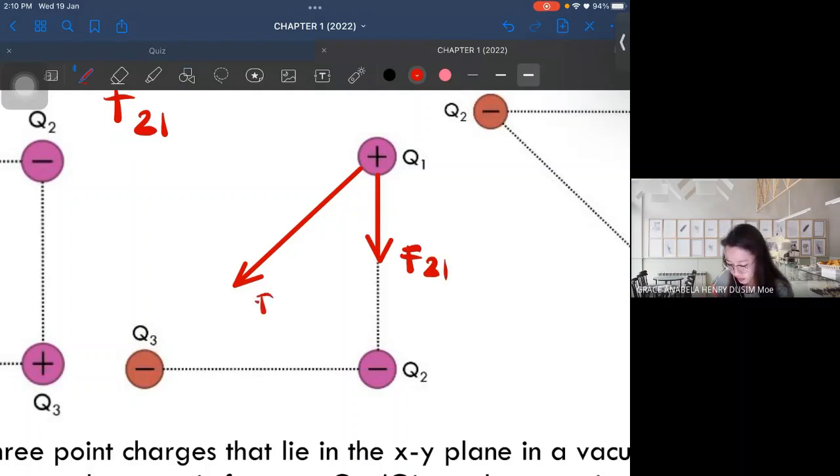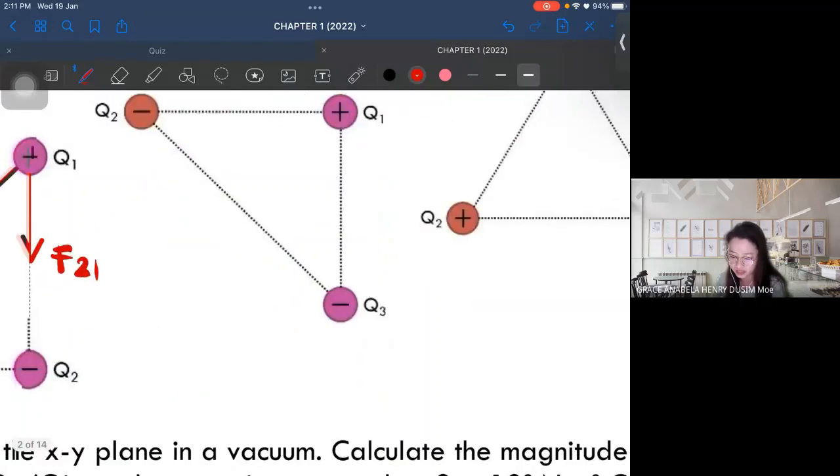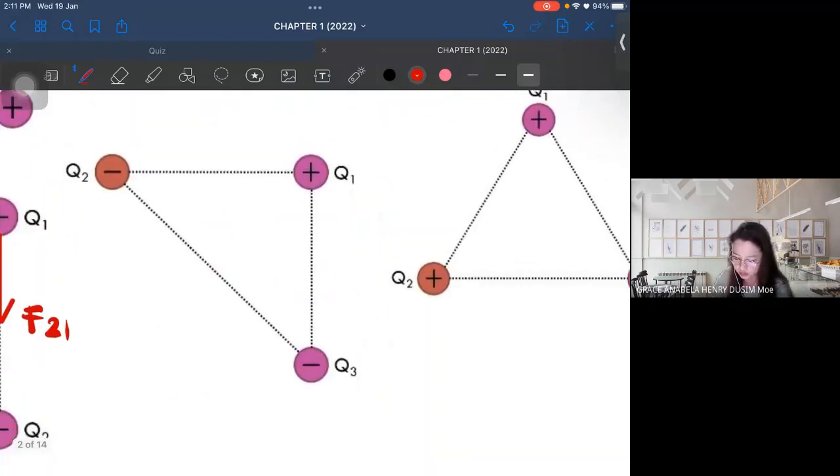This is force by 3 on 1. Okay, and then this one pula sama juga, unlike charge, so they will be pointing towards the negative charge. Okay, so this is force by 3 on 1, force by 2 on 1.